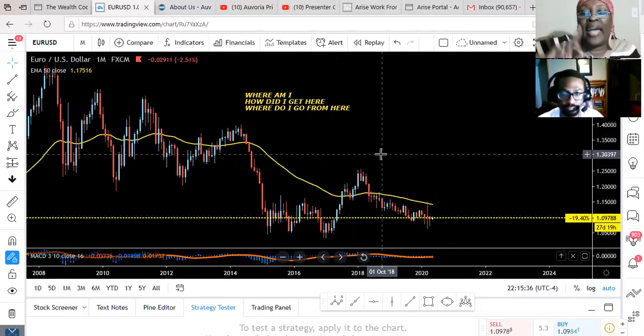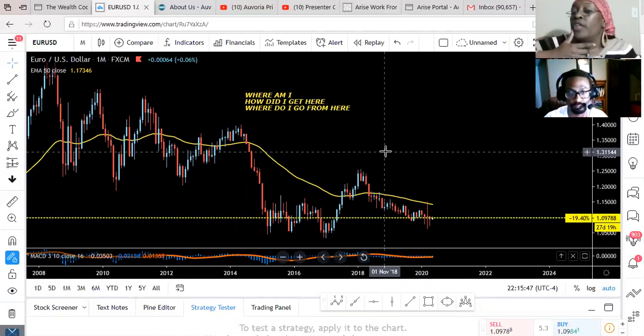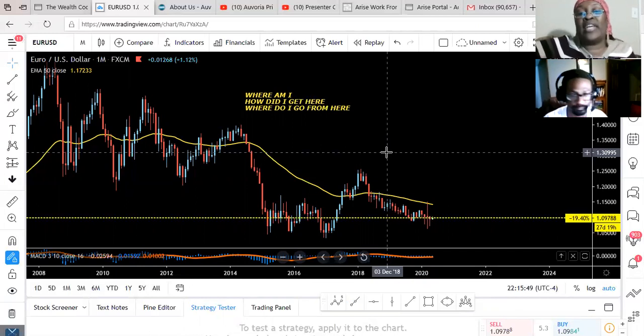Now, in order to answer these 3 questions, you must absolutely know what the trend is. Identifying the trend is the second most difficult thing traders have, which contributes to the frustration and the loss. Because if you don't know the trend, you really don't know what direction price really wants to go in.